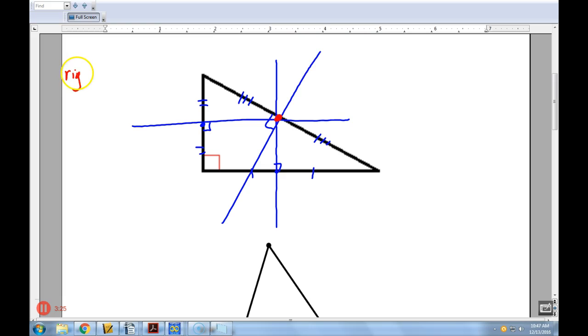So for a right triangle, they're going to meet right on the hypotenuse.